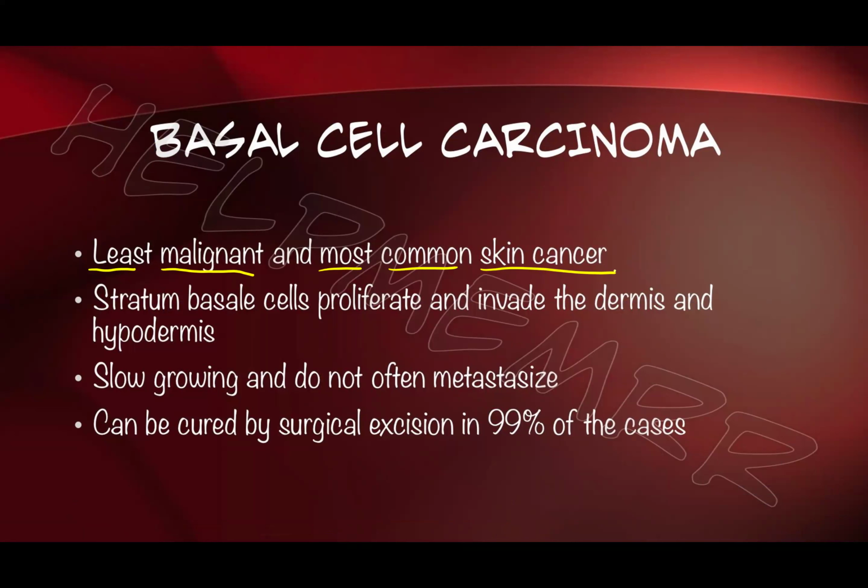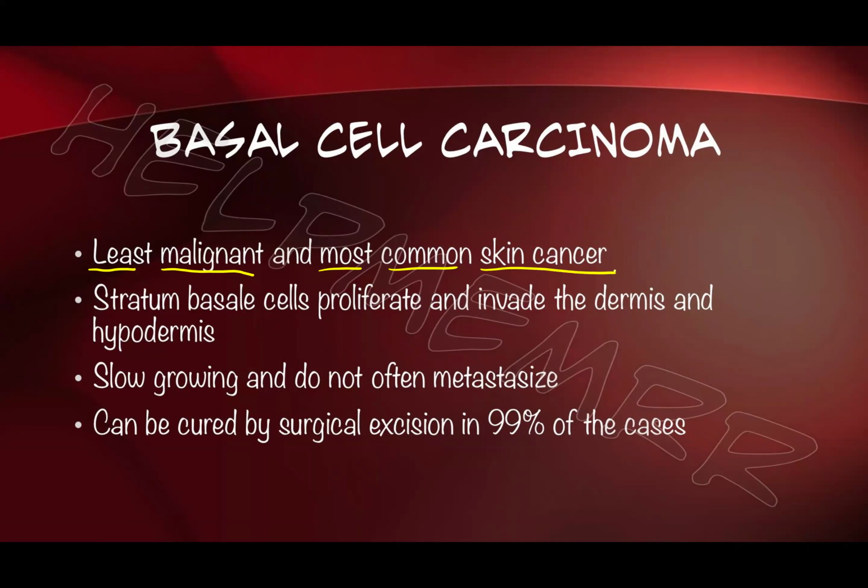And they're going to proliferate, they're going to grow, they're going to divide, and they're going to start going into different areas. Now, if that stratum basale is affected, the thing that's kind of interesting about this is that this particular cancer can move up and down. A lot of times when cancers are closer to the top, they start to go towards the top more. But this one can go up and down.